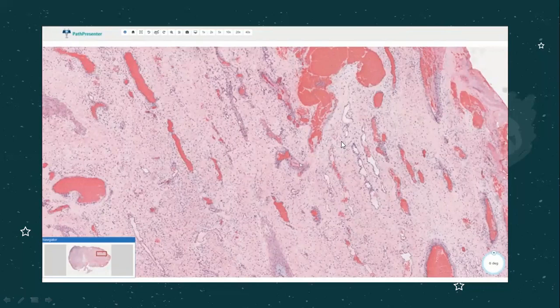small, some of them have a thick wall, and some of them have a thin wall. Okay, they can be quite irregular with a staghorn appearance like this of the lumina.